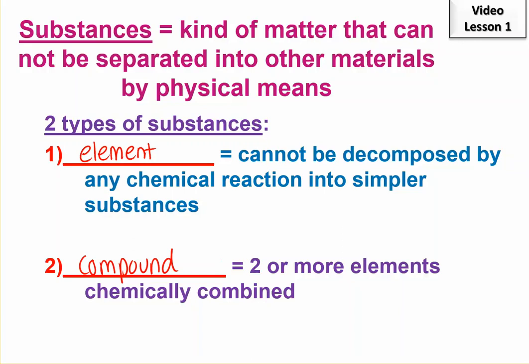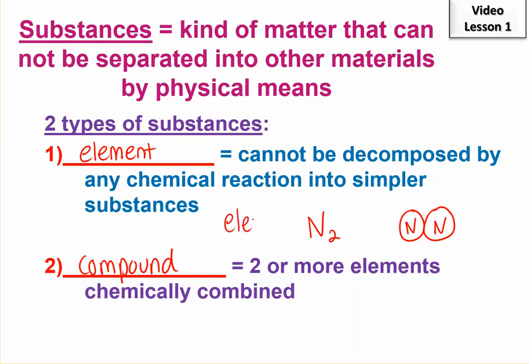So one of the questions I like to ask is, well, what is this? Many people will recognize that capital N is nitrogen, and this 2 means that there are 2 nitrogen atoms bonded together. So I'll just draw it like this. Is that an element or a compound?